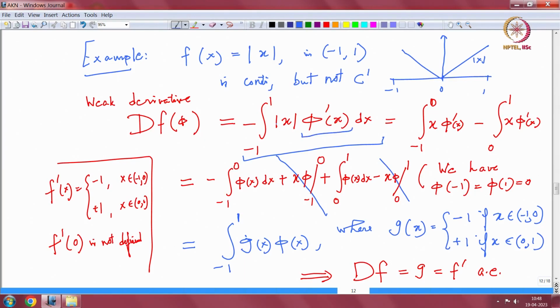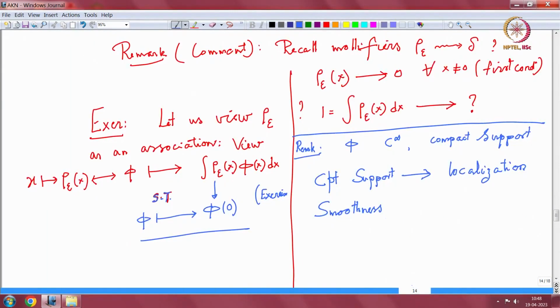So, if you want to deal with functions which are more and more irregular, you need more and more smoothness on phi. So, the smoothness is basically to deal with more and more irregular functions, so you are putting more irregular functions in your test function class.